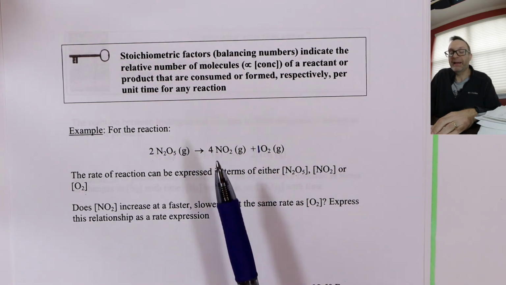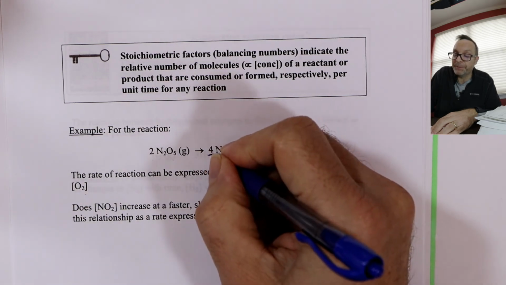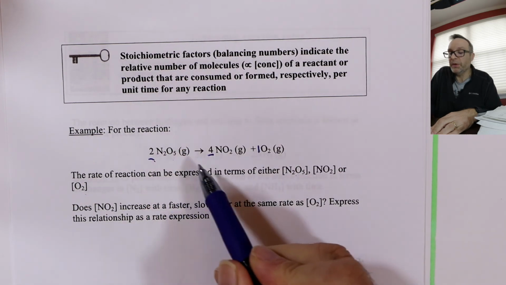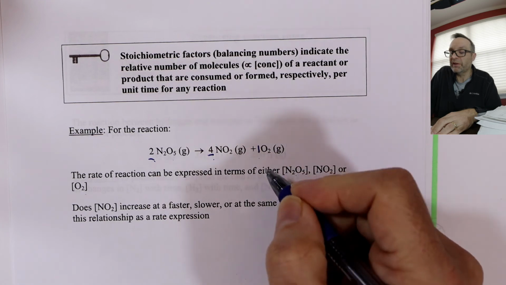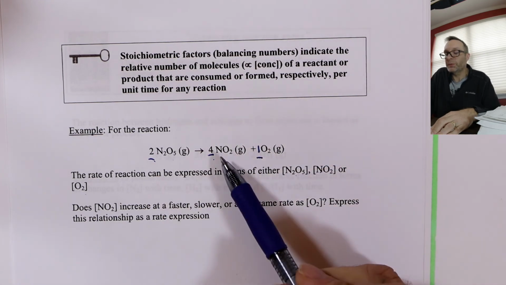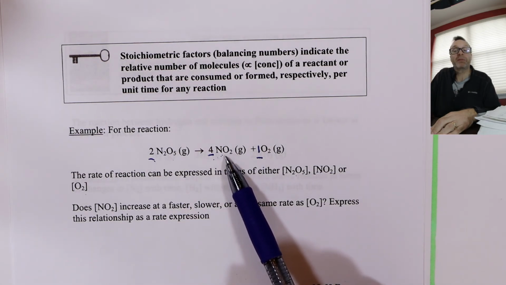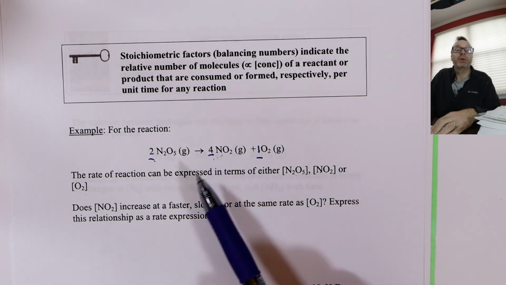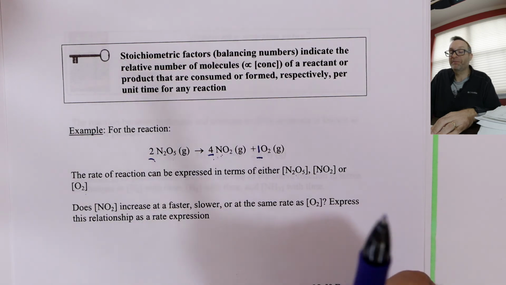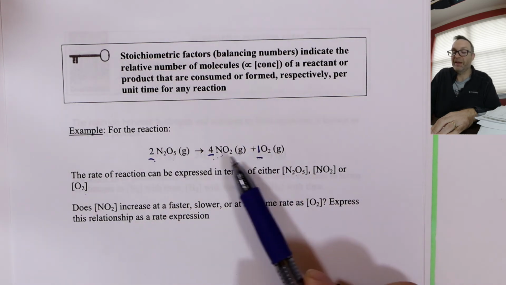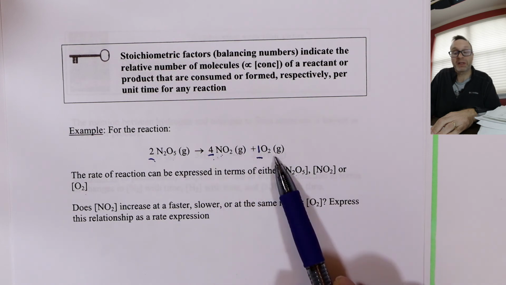If we think about that in words, it's a 2 to 4 to 1 ratio. We get this number from our plot: the slope at any point in time from plotting concentration versus time for this species. Then if we wanted the rates for any of the others, we just look at stoichiometry.